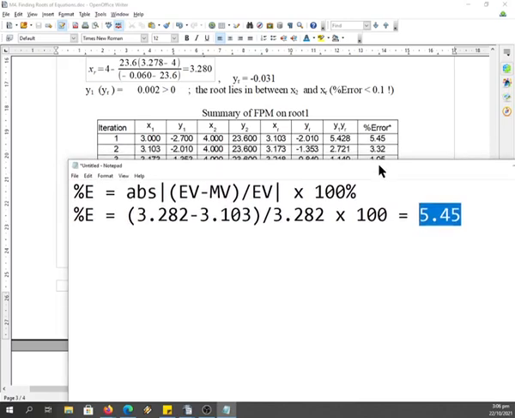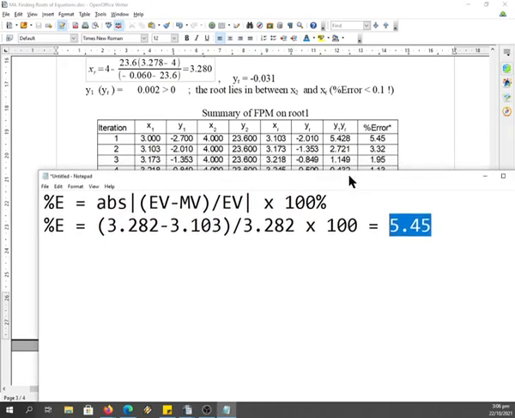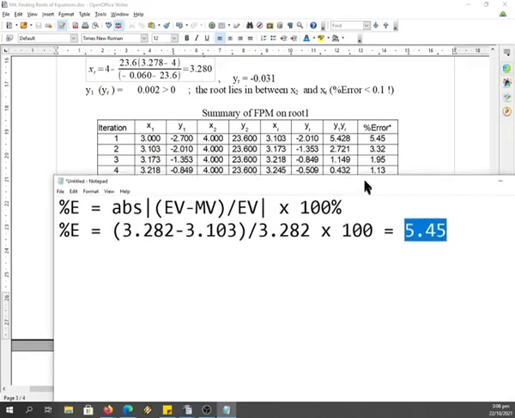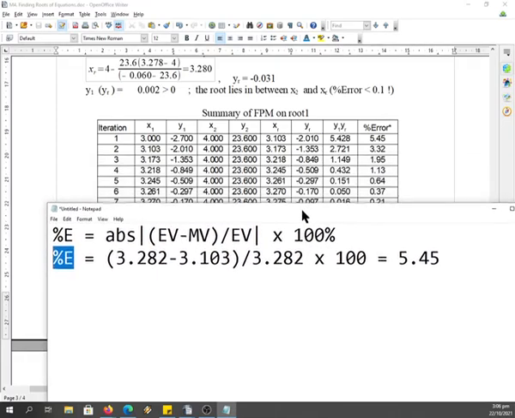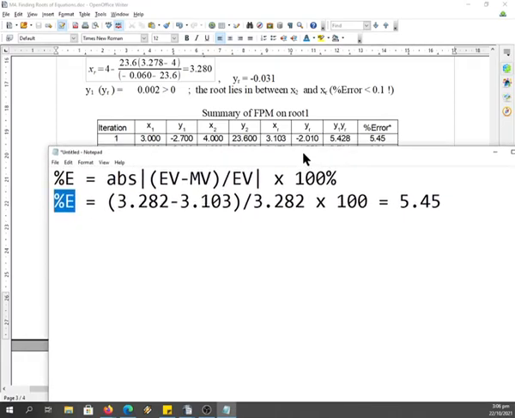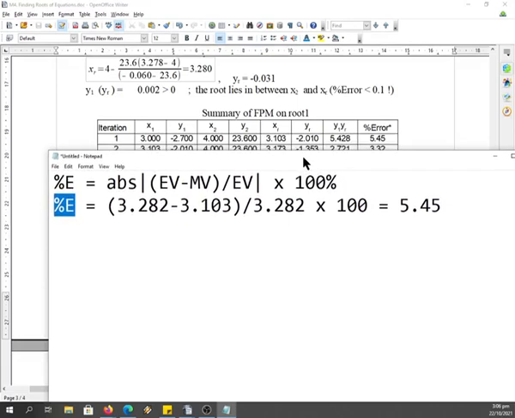I think this is introduced in your chemistry classes or physics class, depending on your case. The concept of percentage error is also introduced, I think, in surveying one. Now again, iteration 1, percent error is 5.45.